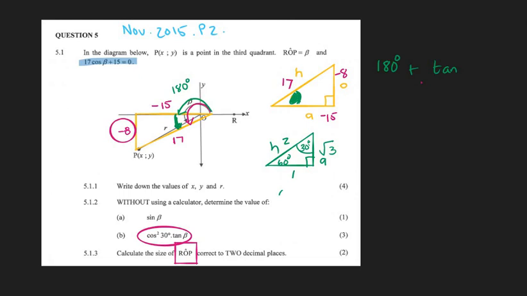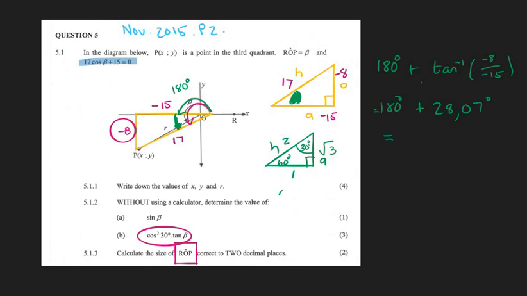If I put it into the calculator, the inverse of tan of -8 over -15 is going to give me 28.07 degrees.